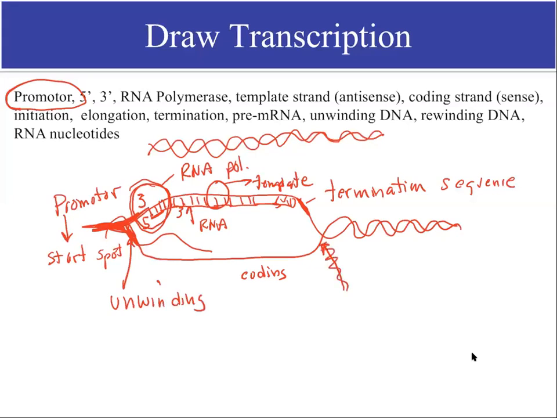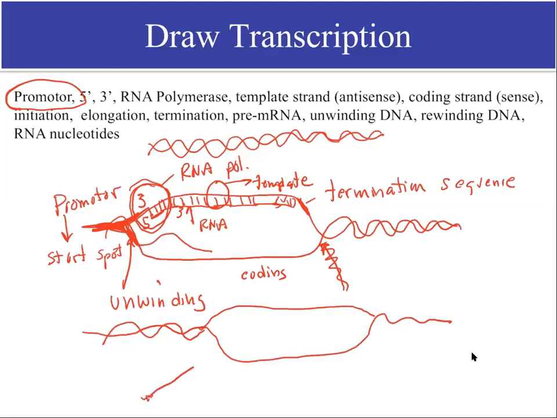And as our RNA polymerase moves down, what we're going to see is that the RNA is actually going to come off. So let's say a moment later, if I were to draw this same picture, we would have now something like this. Where our RNA has started coming off.